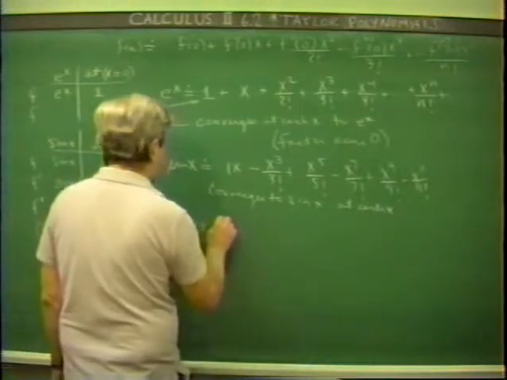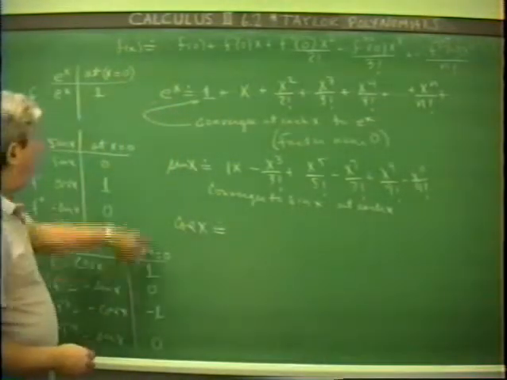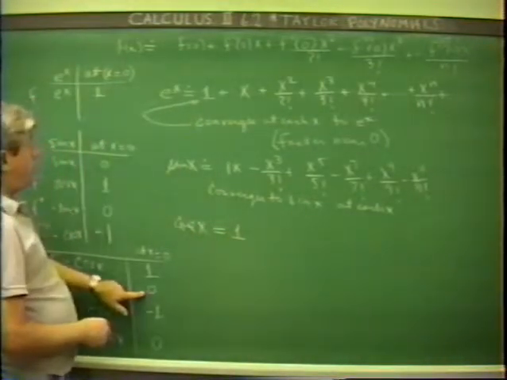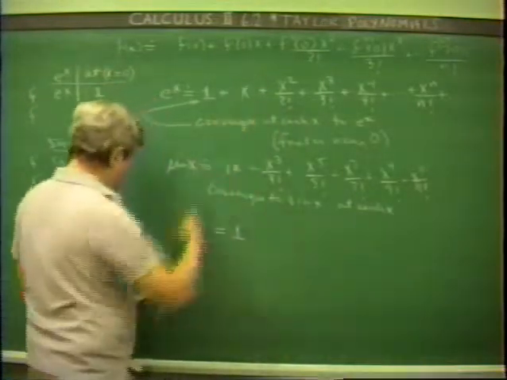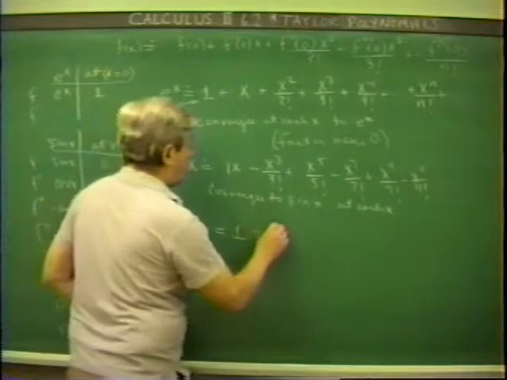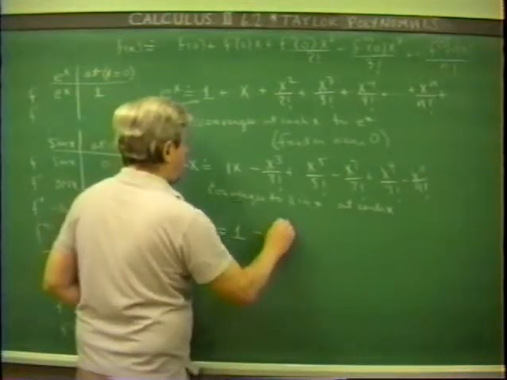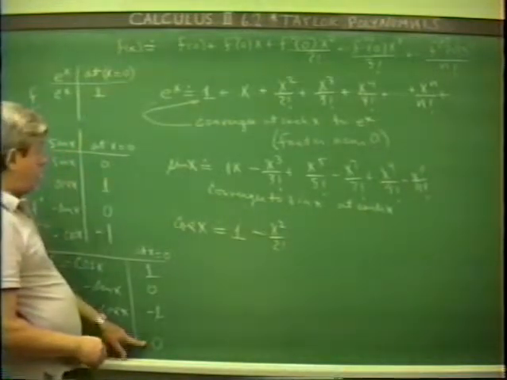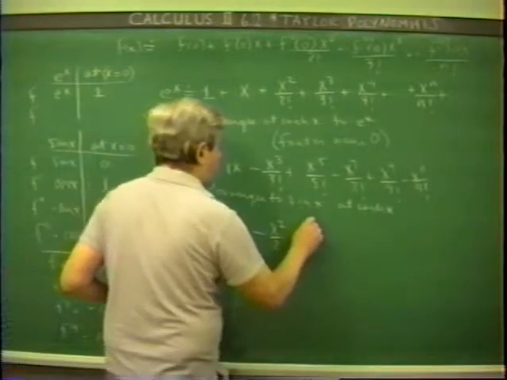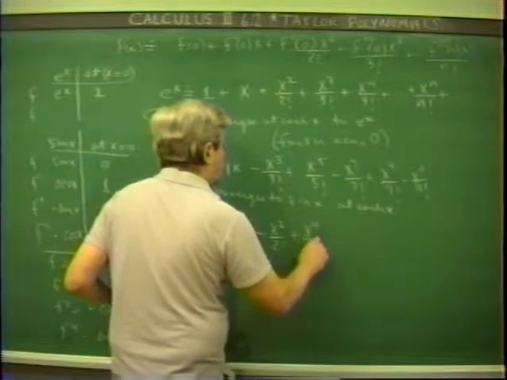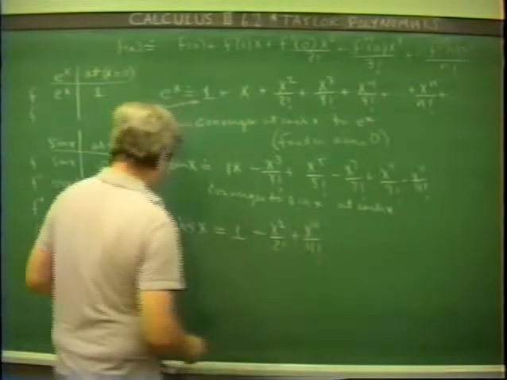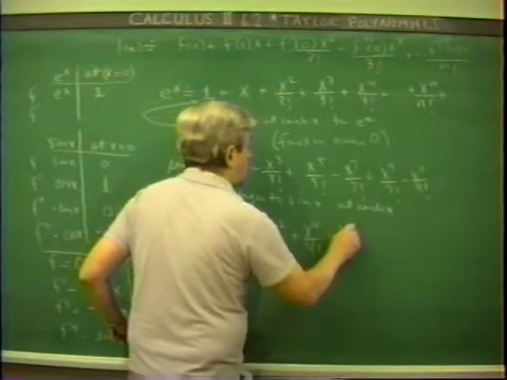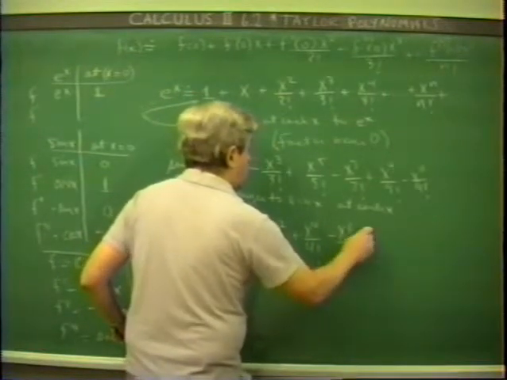So cosine x is approximately equal to 1, f of 0. The first derivative is 0 times x, which is 0x, minus 1 times x squared over 2 factorial, 0x cubed over 3 factorial, 1x to the 4th over 4 factorial, 0x to the 5th, minus 1x to the 6th over 6 factorial.